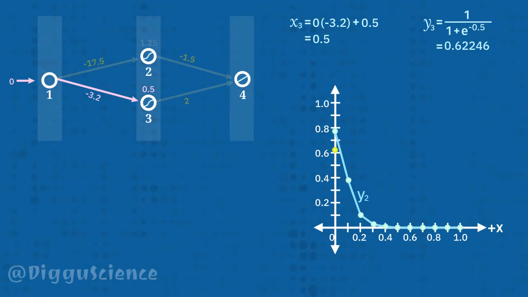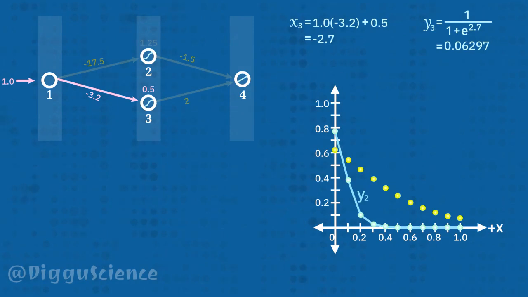In the same way, for x is equal to 0.1, for x is equal to 0.2, for x is equal to 0.3, and so on. We have got data from all inputs for node 3. Below is the curve shape of the output values from node 2 and node 3.